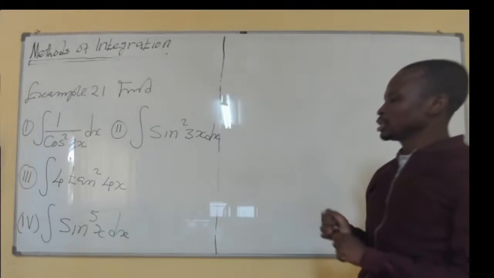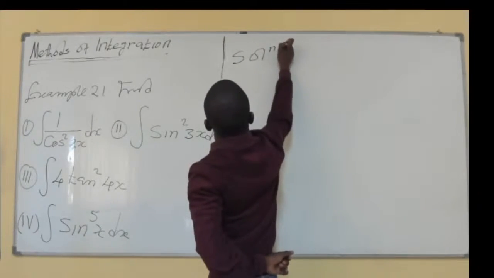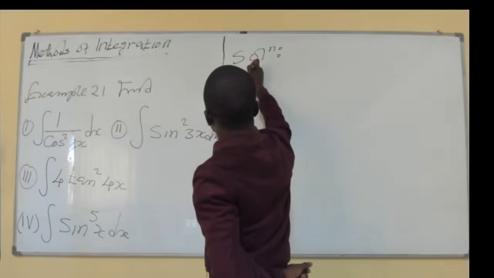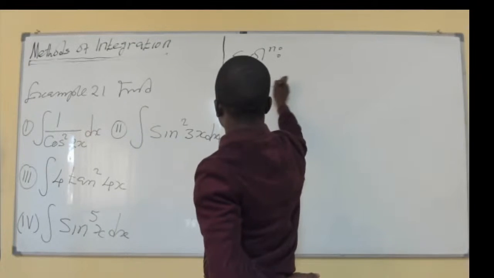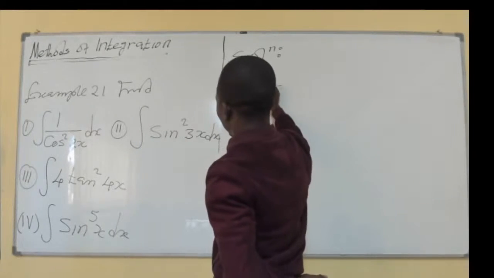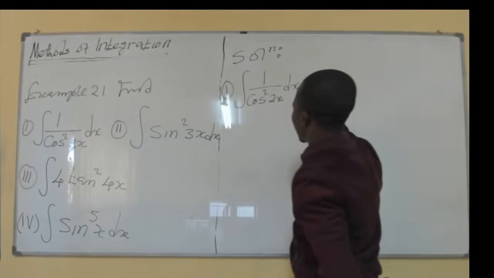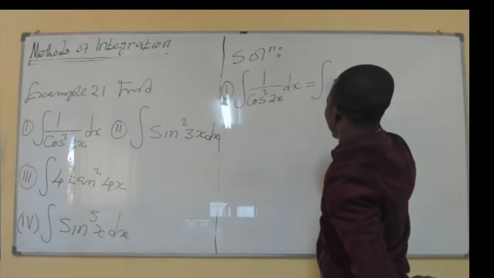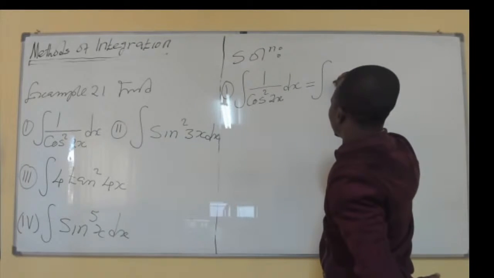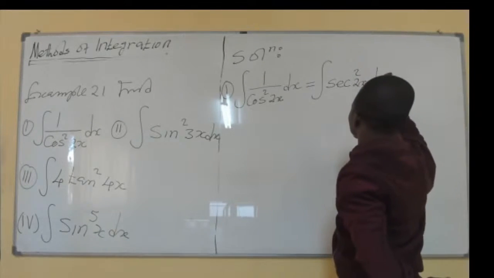The integral of 1 over the cosine squared of 2x dx is the same as the integral of sec squared of 2x dx.